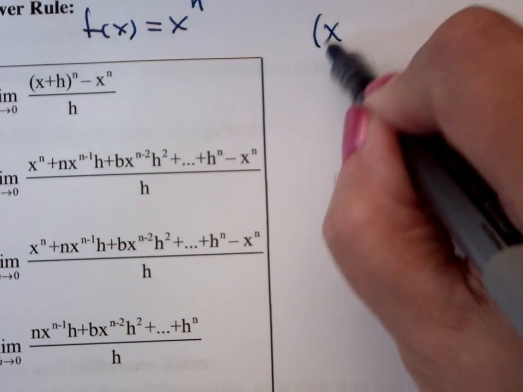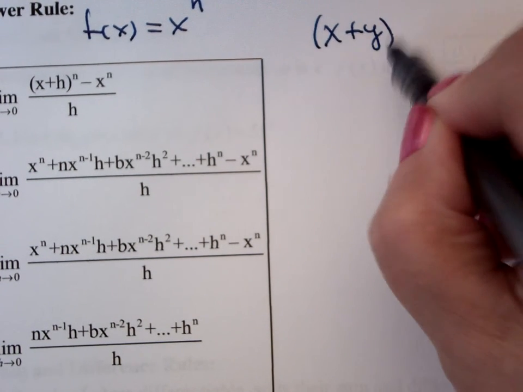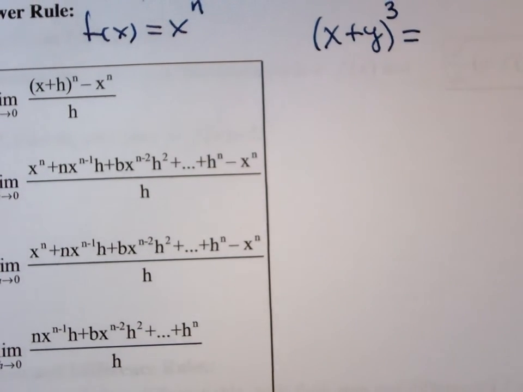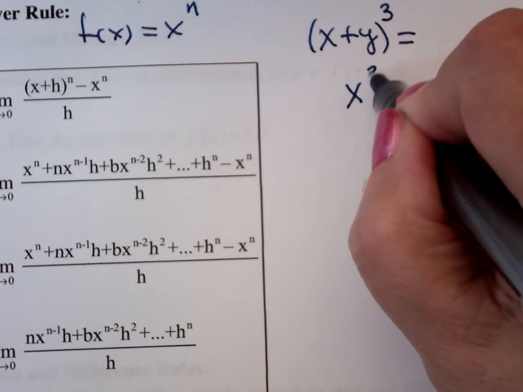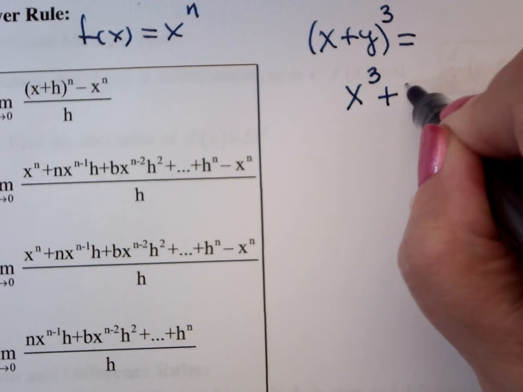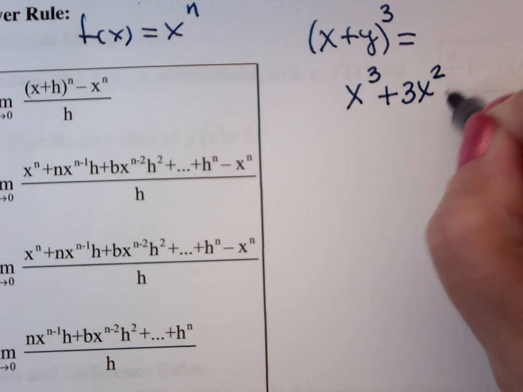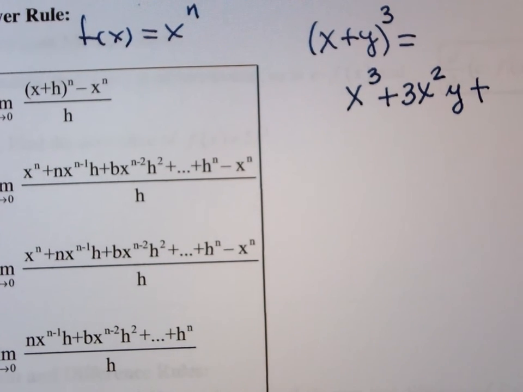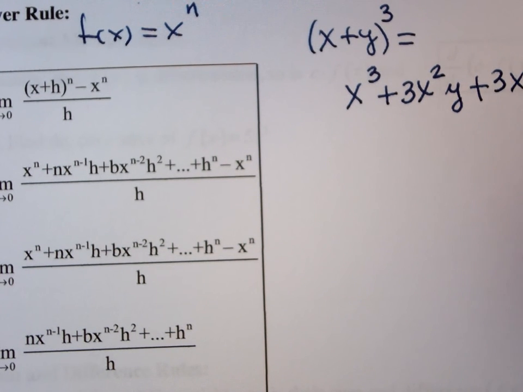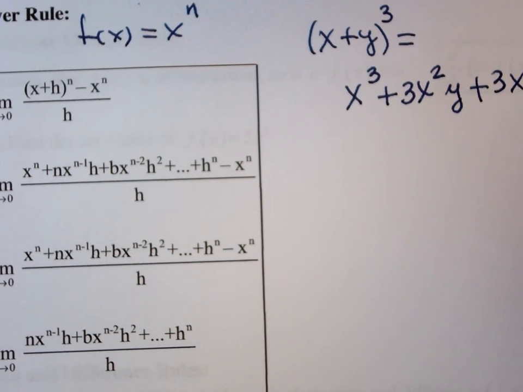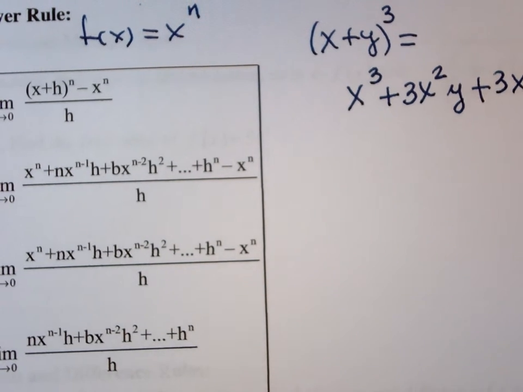If I were going to look at x plus y cubed and expand that out, that would be x cubed plus 3x squared y plus 3xy squared plus y cubed.